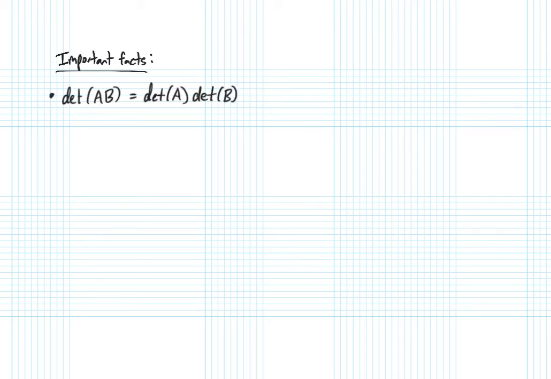So the first thing is that the determinant of A times B is equal to the determinant of A times the determinant of B. We saw this in the 2x2 case, and it's still true for higher dimensional matrices. Conceptually, the explanation is similar to the 2x2 case, where you can think in terms of scaling of volumes instead of scaling of areas.